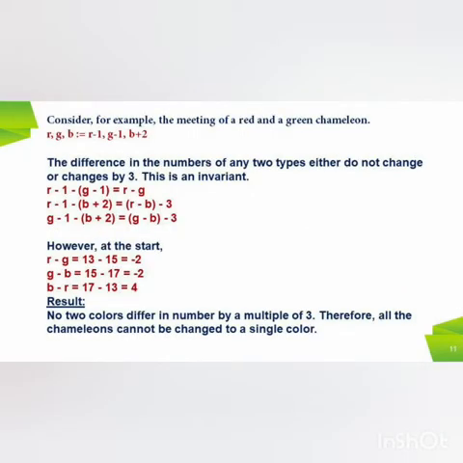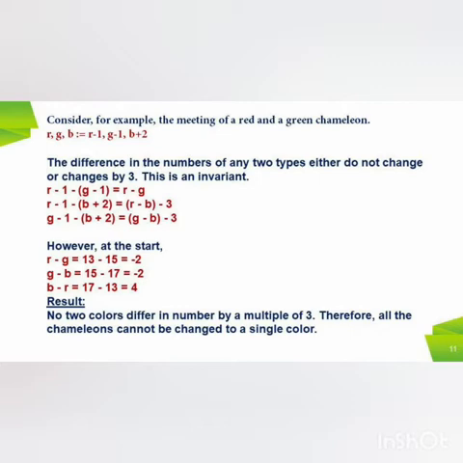Consider, for example, the meeting of a red and a green chameleon. As I told you earlier, when two chameleons of different colors meet together, they both change their color into the third one. Here we have taken the example of a red and a green chameleon. When red and green chameleons meet together, they will become blue color. So, what will be the assignment here?